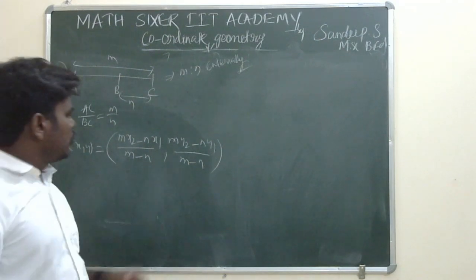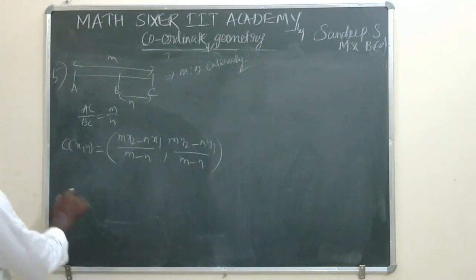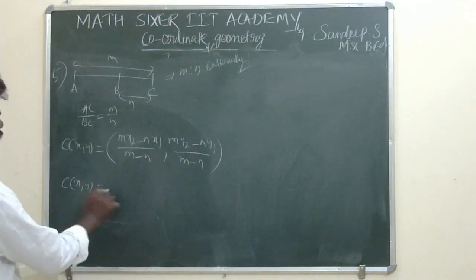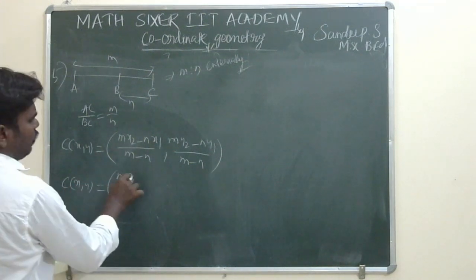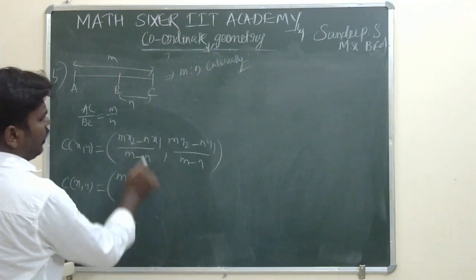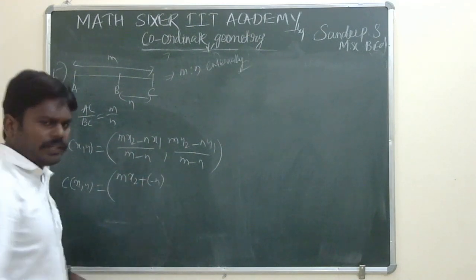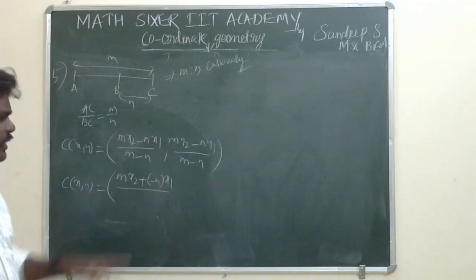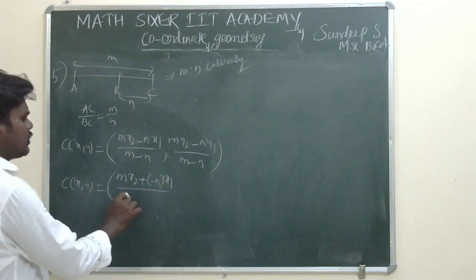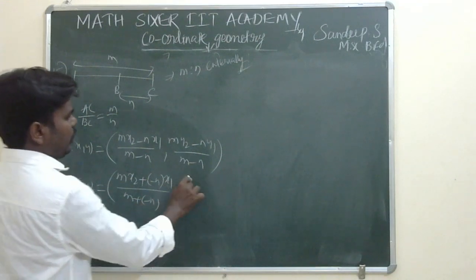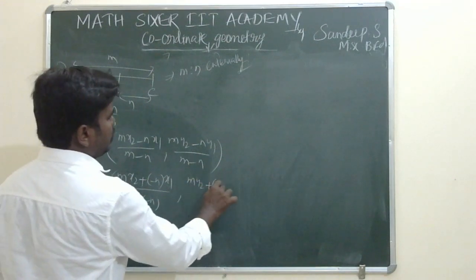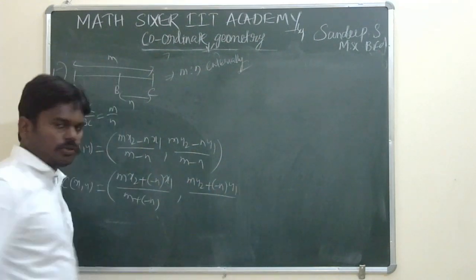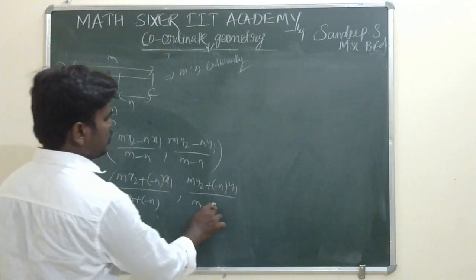Okay, so next you can see that we can also write this minus n as plus or minus n. So here we can write (mx2 ± nx1)/(m ± n), and (my2 ± ny1)/(m ± n).